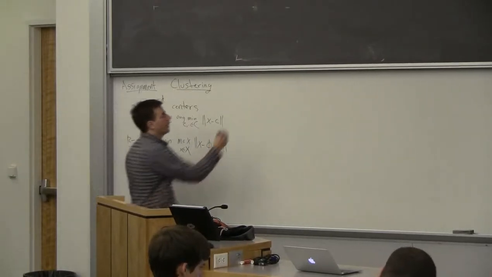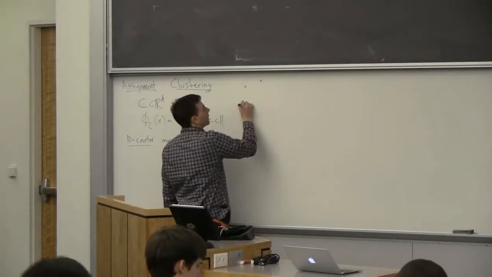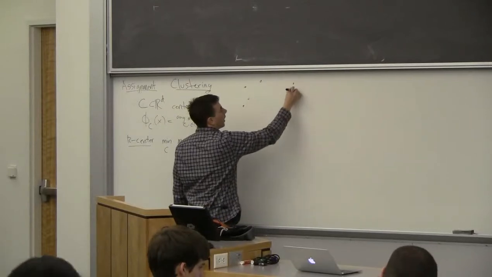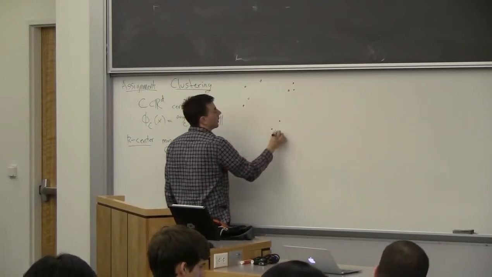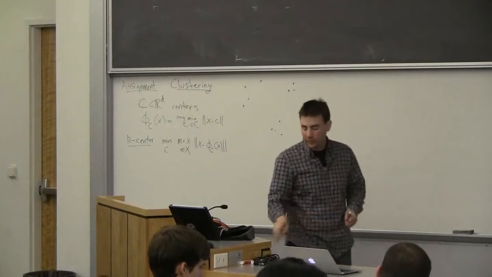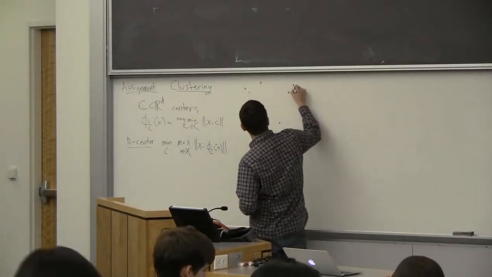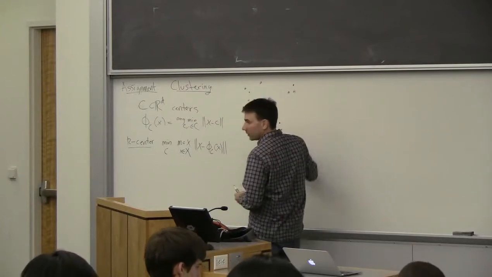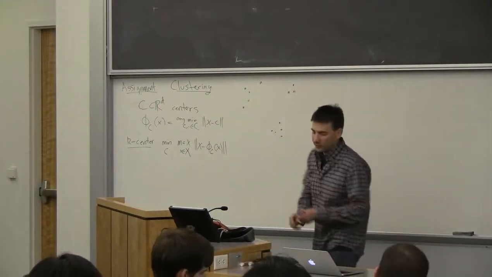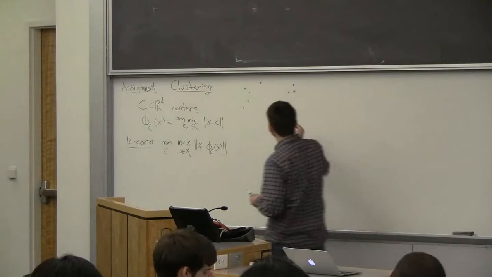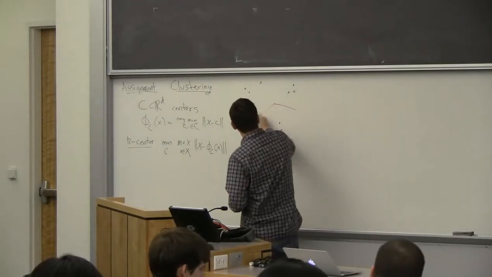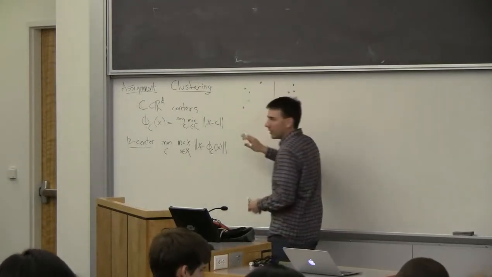The input is going to be the set of these points, and the centers may be elements of the set, but they might not be. Based on these centers, you can define this function by essentially drawing this Voronoi diagram.